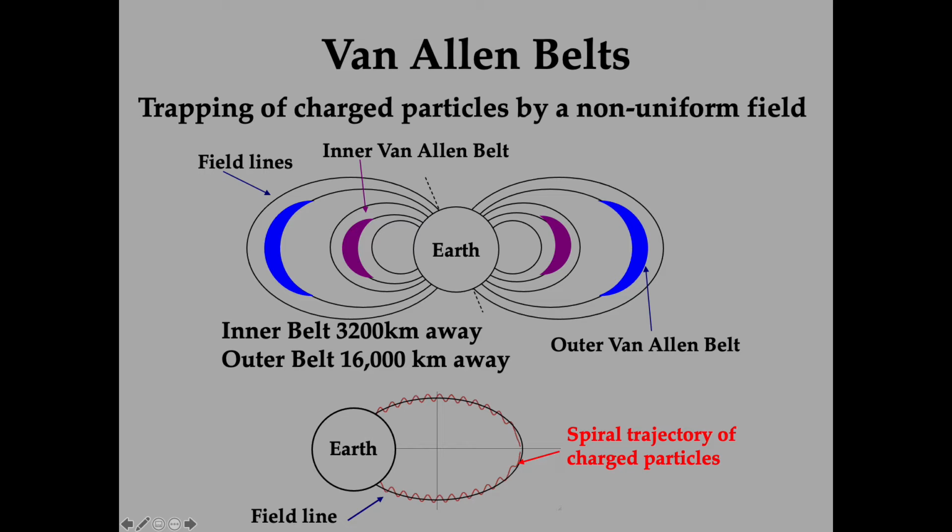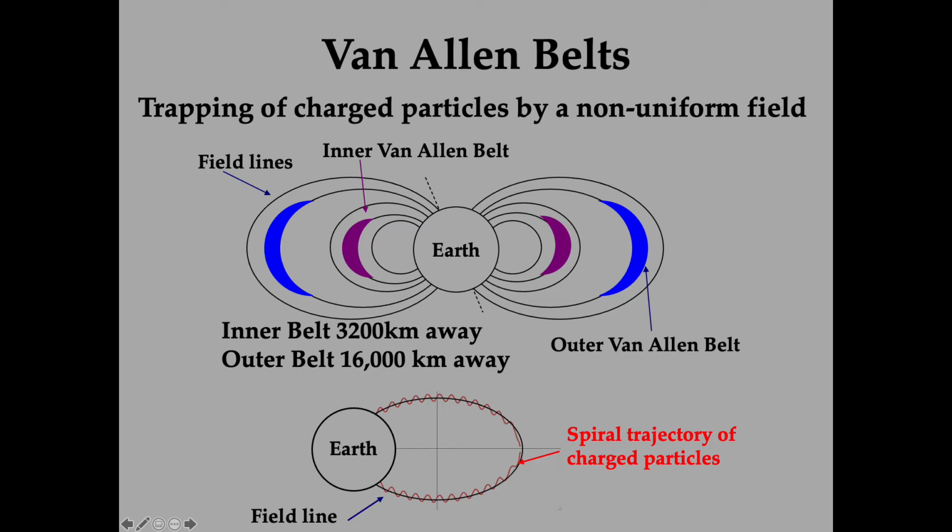The blue range, which is further out, from about 8,000 miles above the Earth to about 37,000 miles above the Earth, consists mainly of high energy electrons, from about 0.1 to 10 mega electron volts, and they're trapped by the Earth.